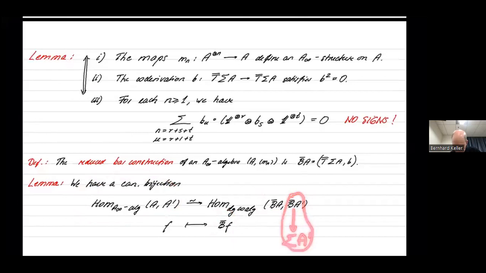In this way, from this morphism of DG coalgebras, we get a family of linear maps, which then translates into the family on the left. And the A-infinity equations on the left simply come from the fact that this morphism should be compatible with the differentials of these two DG coalgebras.